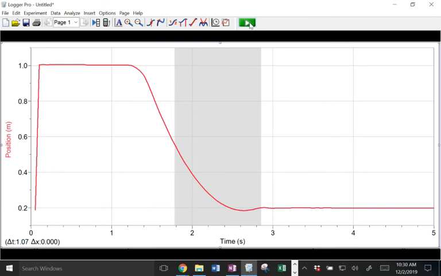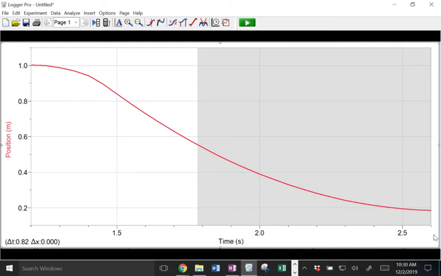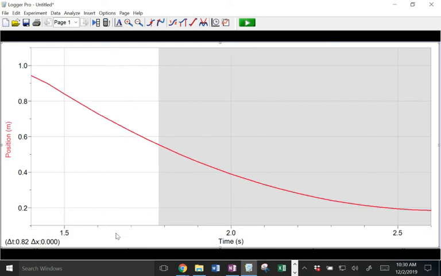As soon as it leaves my hand, it's going the fastest it's going to be going. Okay, so it starts out, I probably should start this at like 1.4. It starts out kind of steep and then over time, see how it kind of flattens out?